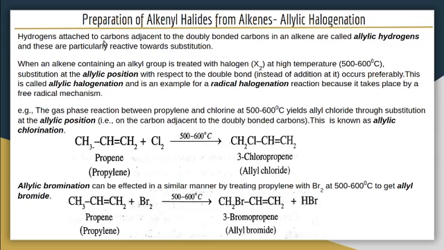Hydrogens attached to carbons adjacent to the doubly bonded carbon in an alkene are called allylic hydrogens, and these are particularly reactive towards substitution. Here we have an alkene, CH2=CH-CH3. This carbon is the allylic carbon, and the hydrogens attached to this carbon are known as allylic hydrogens.